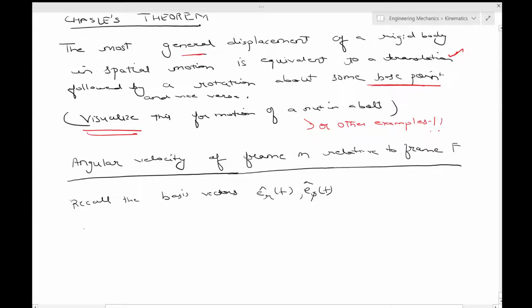Consider a frame M to which e_r hat, e_phi hat, e_z hat are attached at any given time. Let's also bring time into the picture.